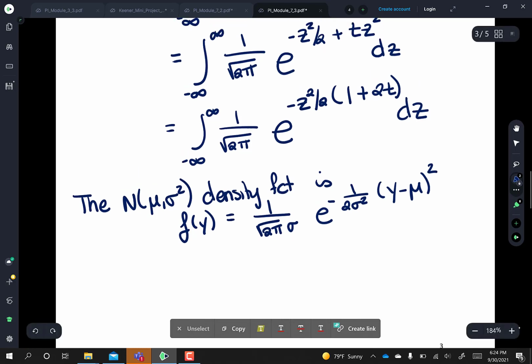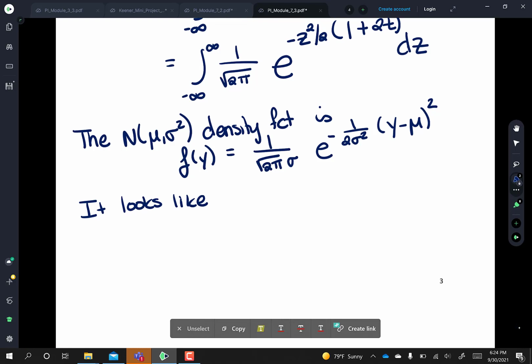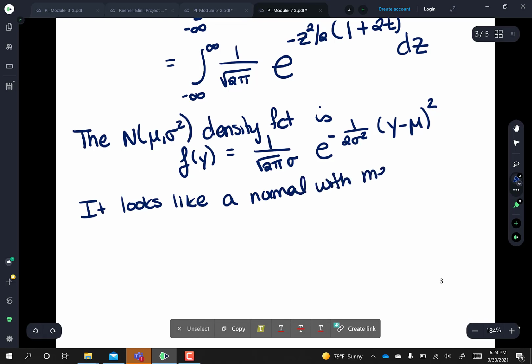So notice what we've got up here looks pretty similar. We just need to work with it just a little bit. Notice that it looks like a normal with mean 0 and sigma squared equal to 1 over (1 minus 2t).